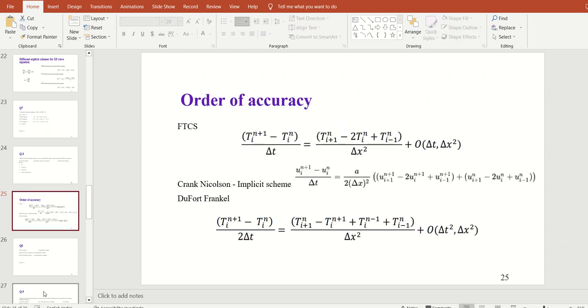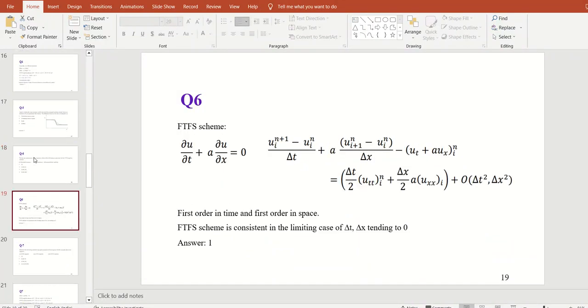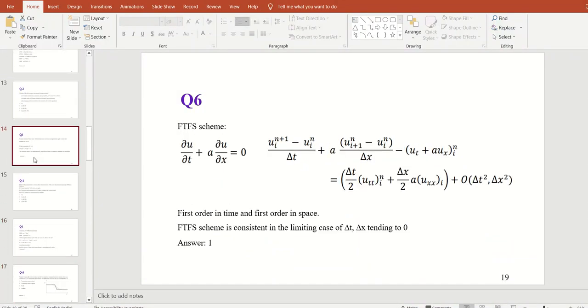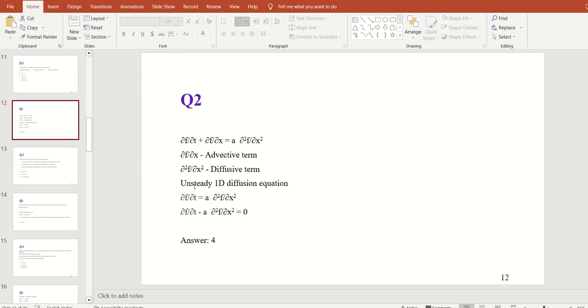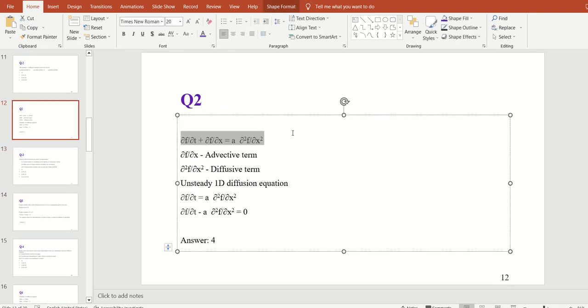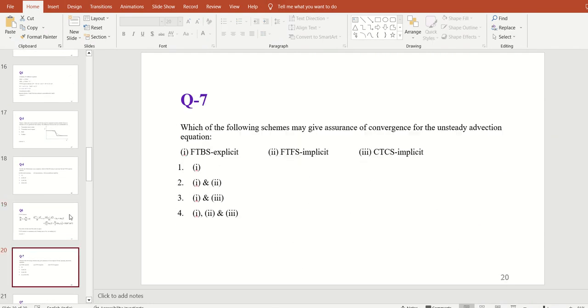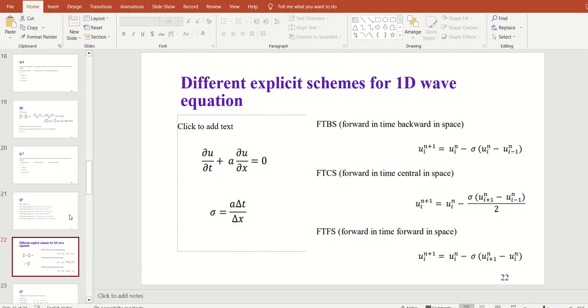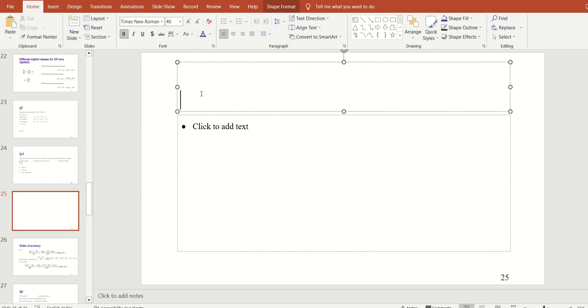So before moving on to that, we should know the diffusion equation. Okay, let us go this way. We'll write the equation and we'll solve them step by step. Where was the diffusion equation, by the way? Yeah, it is here. New slide. It is question 8.